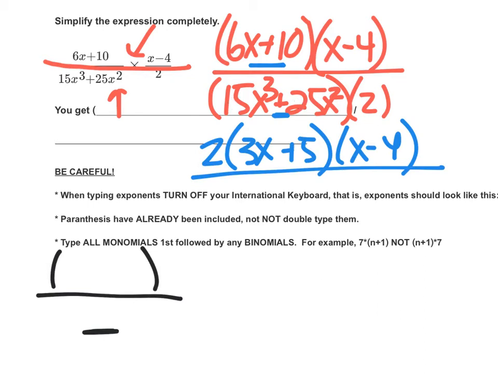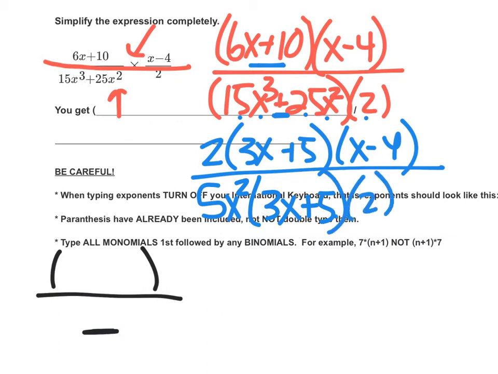So let's pull out the multiple of 5, and then also an x squared is the most. It's called the greatest common factor. 15 divided by 5 is 3. If I pull out an x squared, I'm left with a single x. 25 divided by 5 is 5, so it's plus 5. When I pull out that x squared, it's no longer there. And then don't forget I have this 2 floating out there.